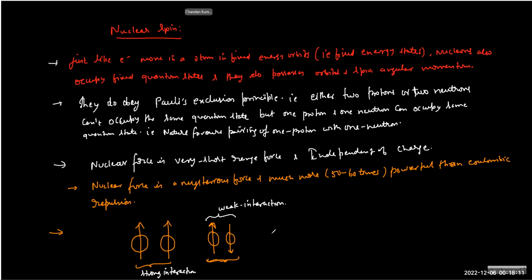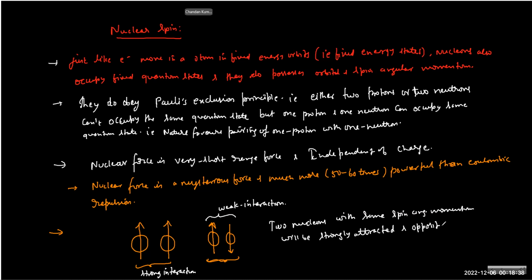So what we can say is that two nucleons with same spin angular momentum will be strongly attracted, and opposite spin angular momentum will be weakly attracted.